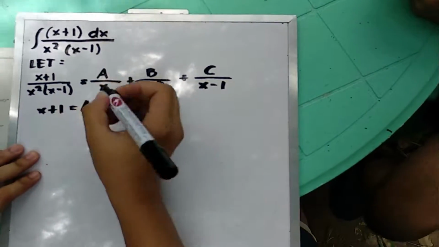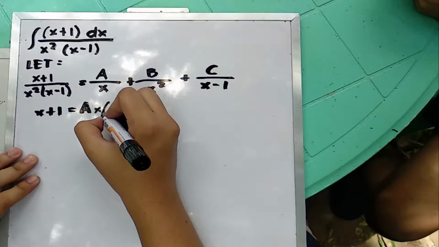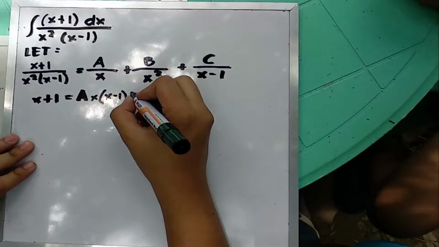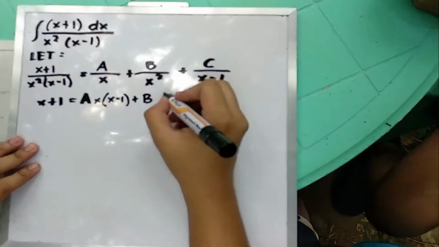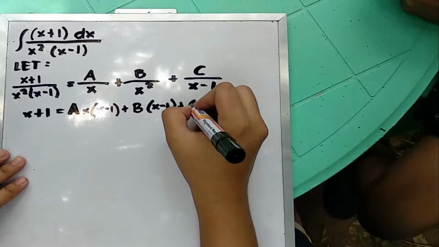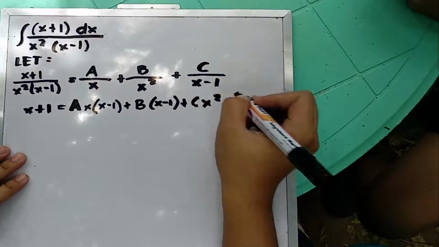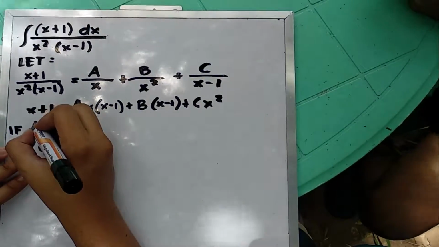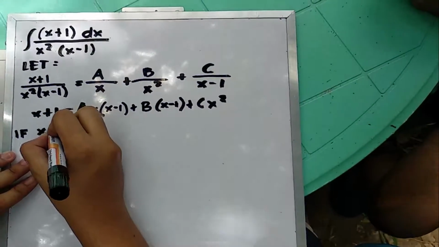Using the common denominator, we remove the denominators of the equations. It will then become x plus 1 equals Ax(x minus 1) plus B(x minus 1) plus Cx squared. Then we use the zeros of the factors as substitutions for x.